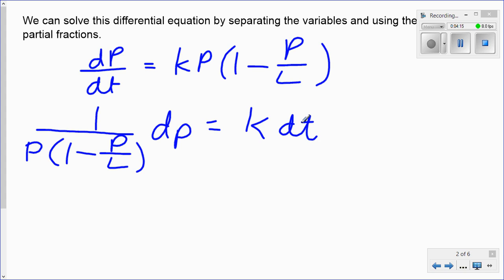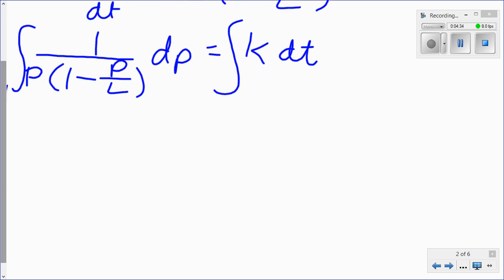Notice I have my variables separated. So the next step would be to integrate both sides. Integrating the right side is easy, because that's just going to equal kt plus c. But integrating the left side is going to take a little bit of work. Again, we're going to use partial fractions to integrate the left side.